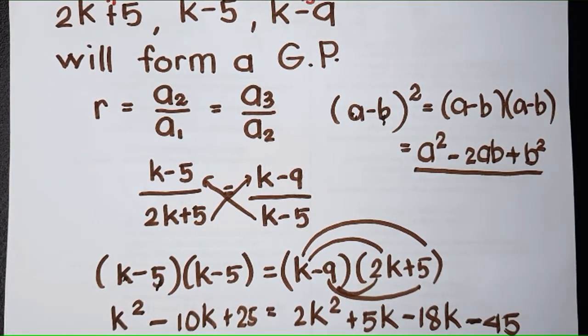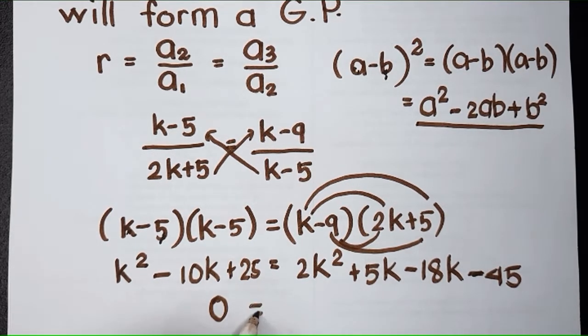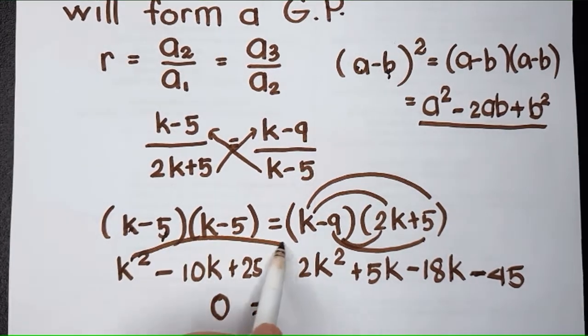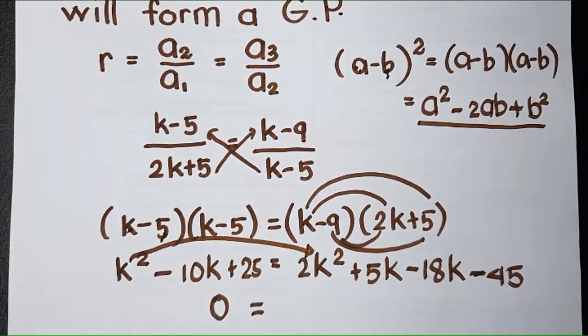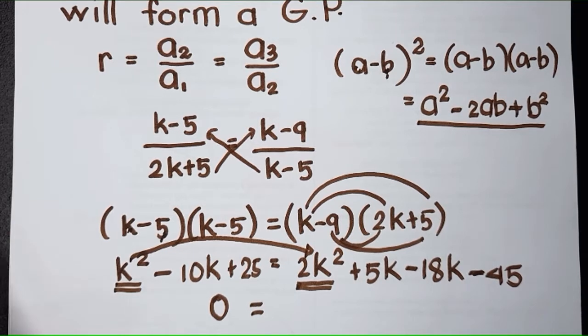Alright? So, how to solve this? We make one side equal to 0. How? We transpose everything to the other side. For example, this k squared, I'll bring it over here. So, I have positive 2k squared. If I transpose this to the other side, it becomes negative.